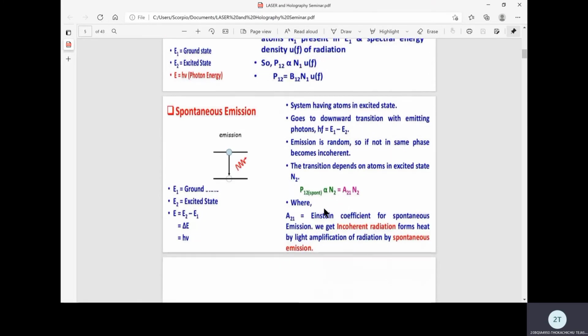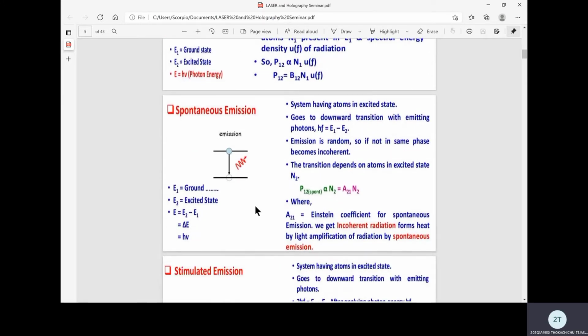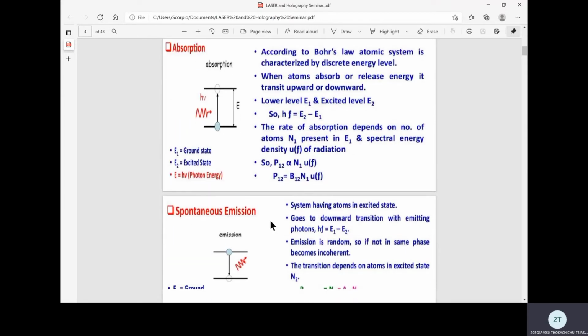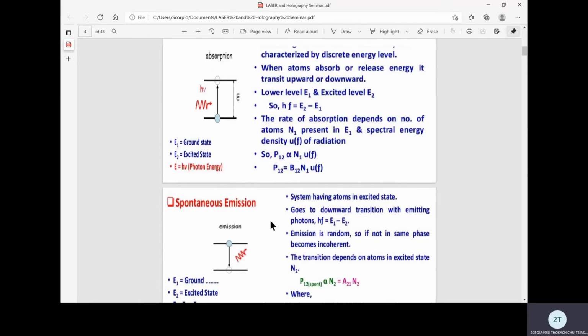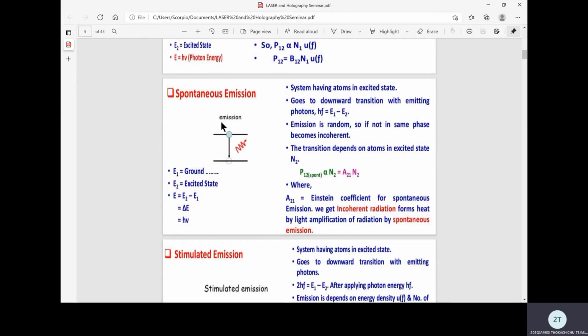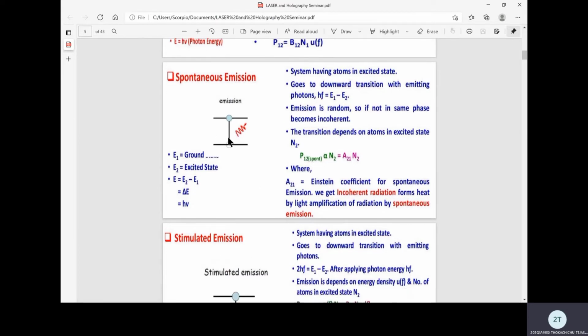Now coming to spontaneous emission. Generally, emission is the reverse process of absorption, where the atom gets de-excited by releasing energy. Emission is divided into two types: spontaneous emission and stimulated emission. In spontaneous emission, without any external effort, the excited atom gets de-excited by itself, releasing an energy of h nu.